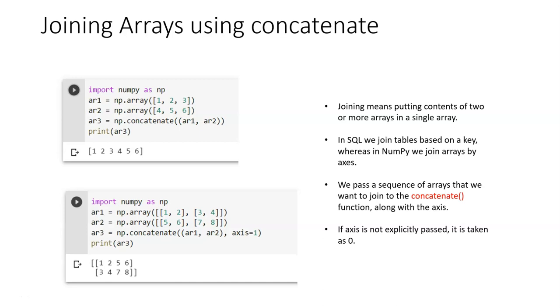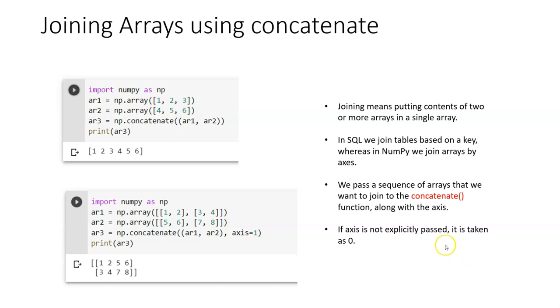So here we have created an array. AR1 equals this, AR2 equals another array, and now here we are adding two arrays, right? And now you are printing. You can also mention the axis along which you want to add the arrays.